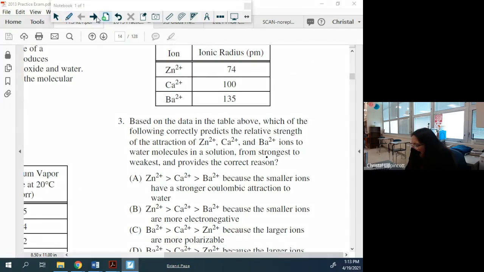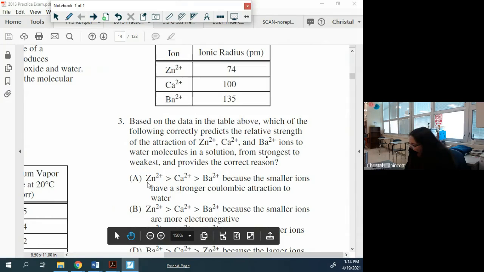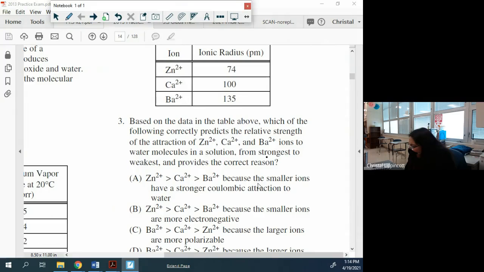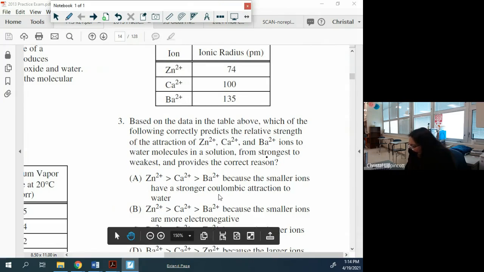Okay, so zinc's ionic radius is 74, and we're increasing as we go down. So the smaller the ionic radius, the closer the pull of the nucleus is going to be. And so this is the order that this should appear in. And smaller ions have a stronger Coulombic charge to the water. Okay, does that make sense?